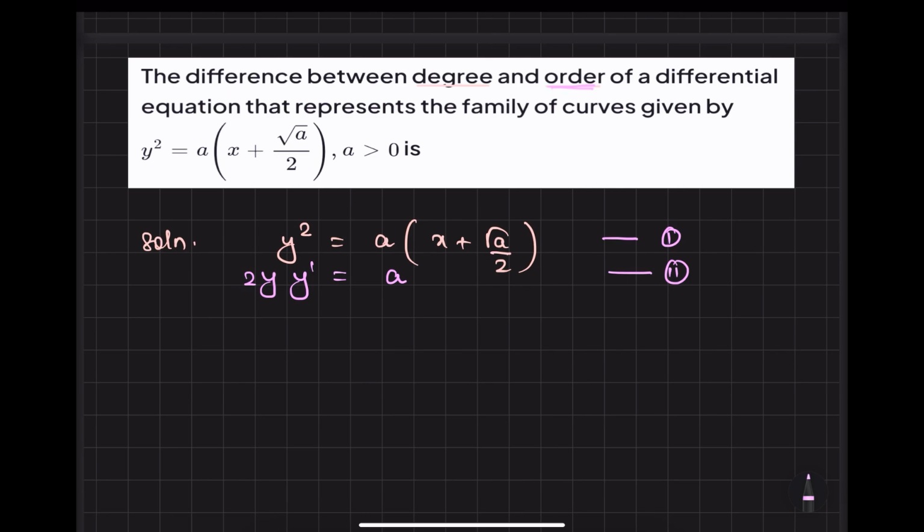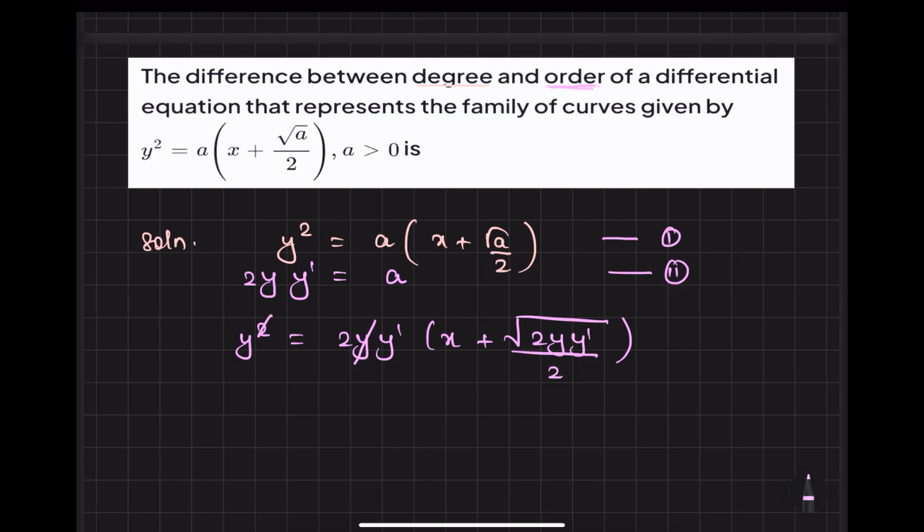So look at here. We got y square equals 2y y dash x plus root over 2y y dash by 2. Correct? So now you can play fruit ninja. Y gone.